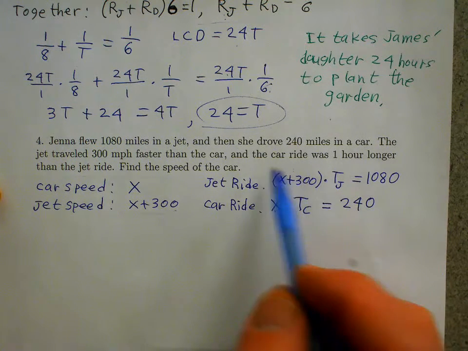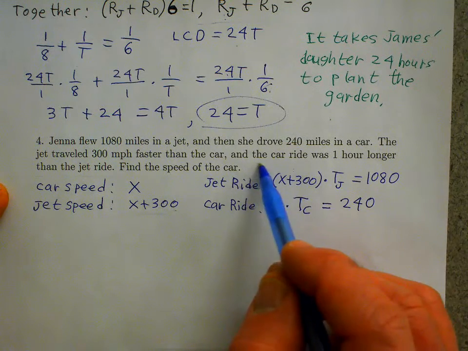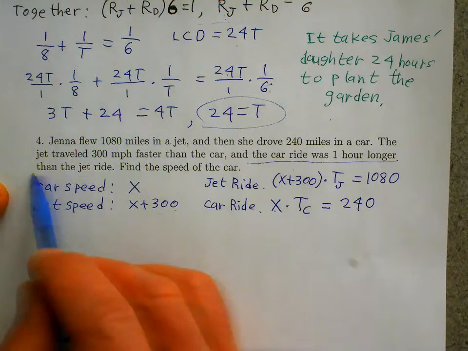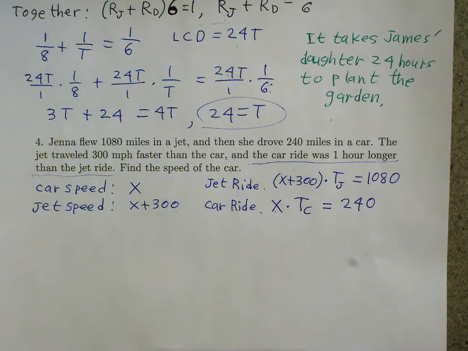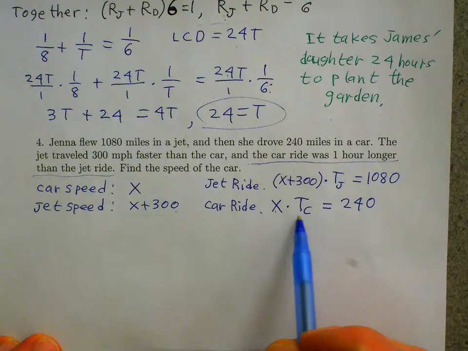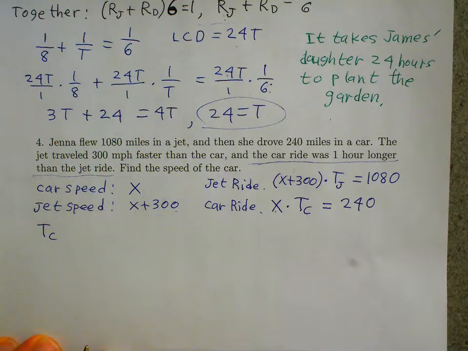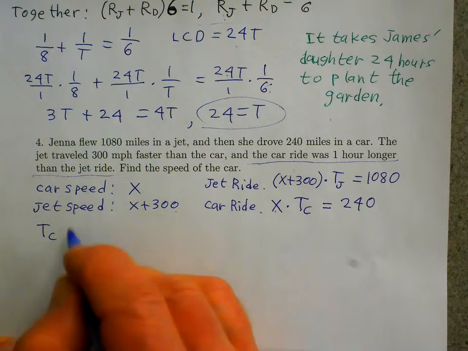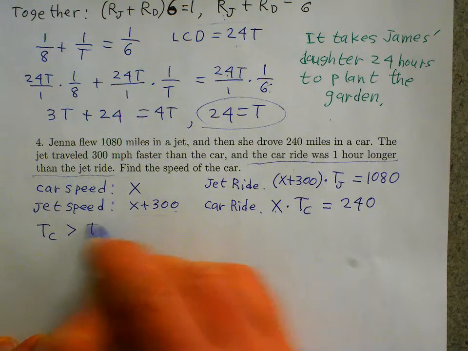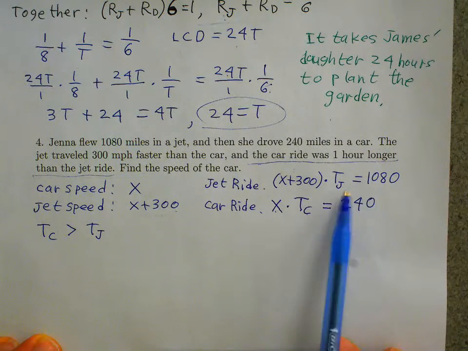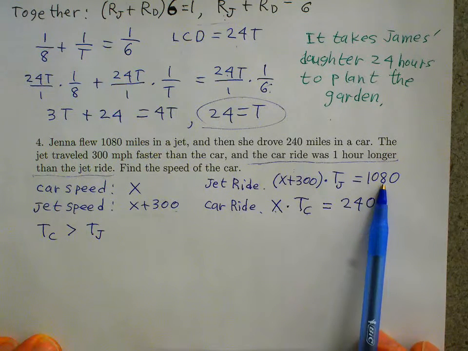Okay, so what do we do with this information? The car ride was 1 hour longer than the jet ride. That is going to be a key to getting an equation whose only variable is x. The car ride was 1 hour longer, so that means t sub c, the amount of time it took to drive 240 miles, is greater than t sub j, the amount of time it took to fly 1,080 miles.